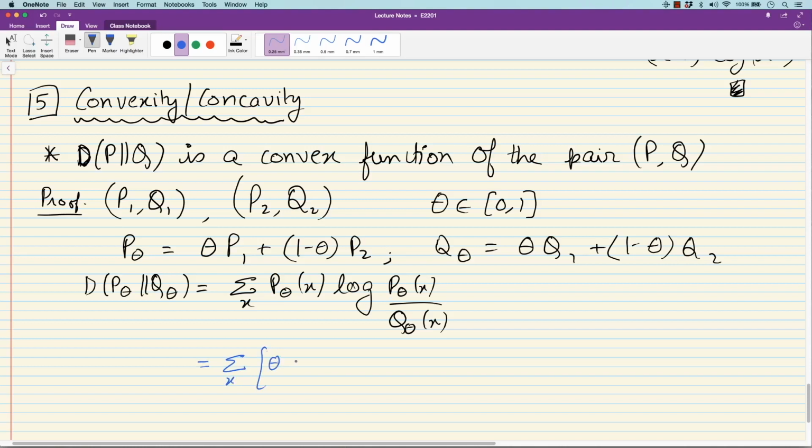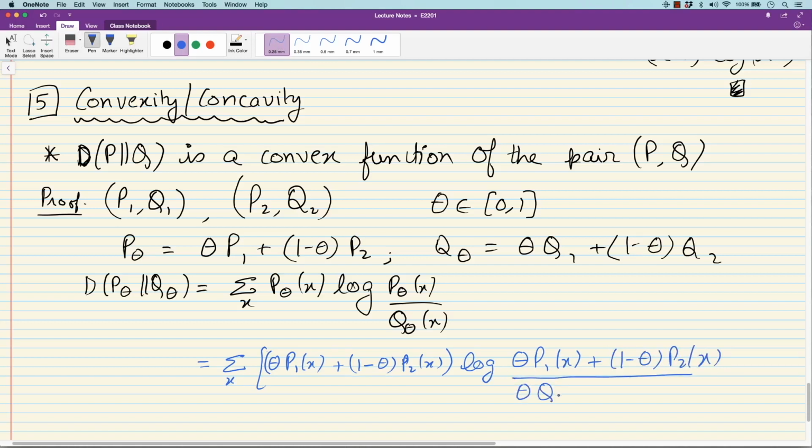This is theta P1(x) plus 1 minus theta P2(x), log of theta P1(x) plus 1 minus theta P2(x), divided by theta Q1(x) plus 1 minus theta Q2(x).